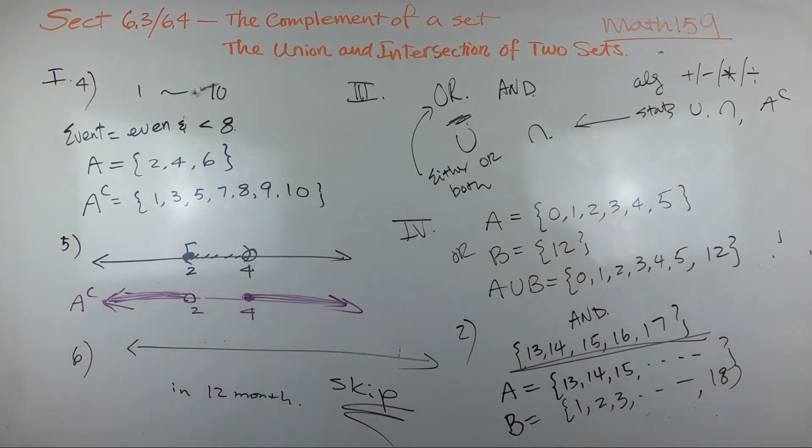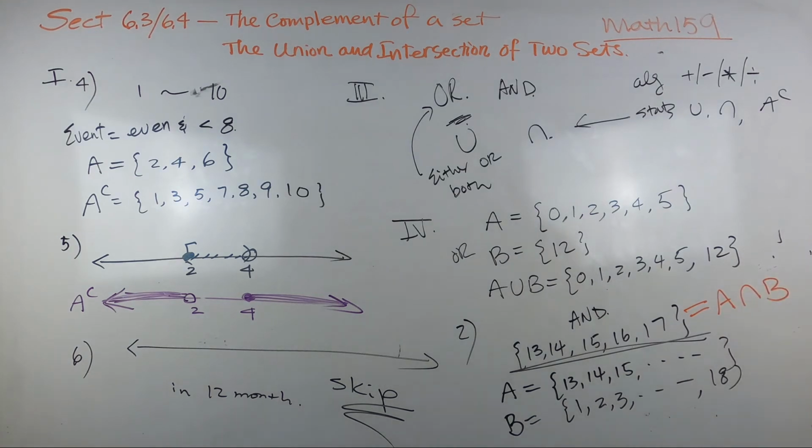Then we talk about less than 18 and more than 12. Two things, more than 12, less than 18. But when you say "and," that means what? You do intersection.